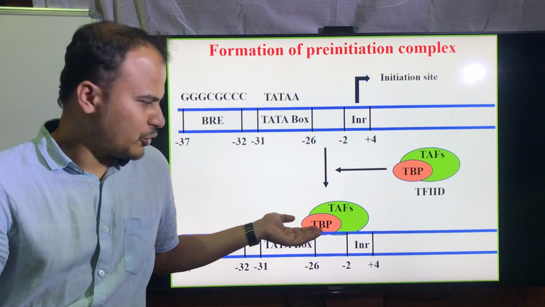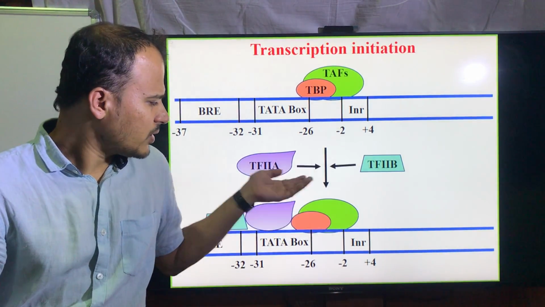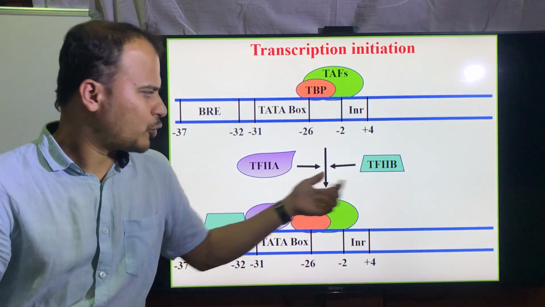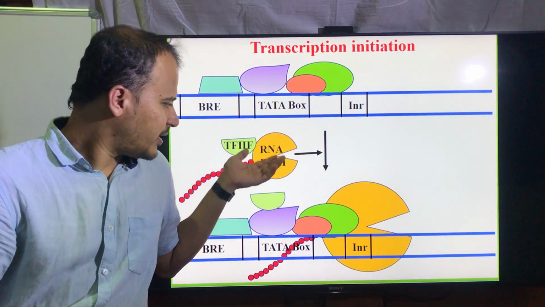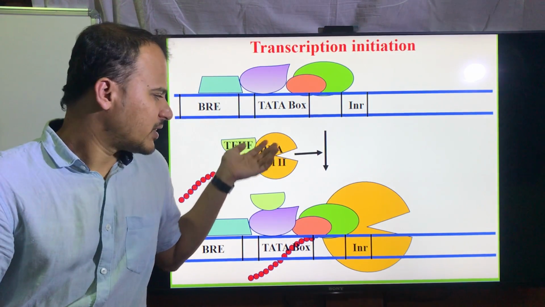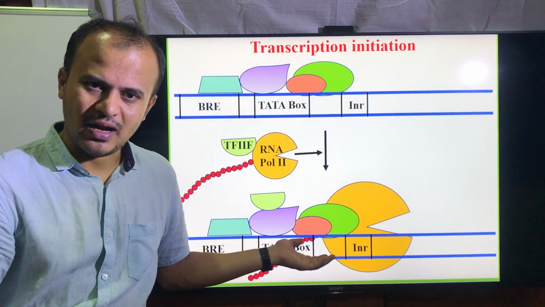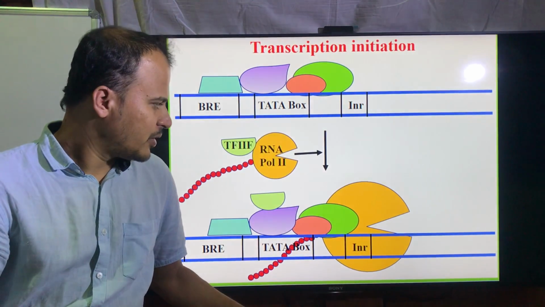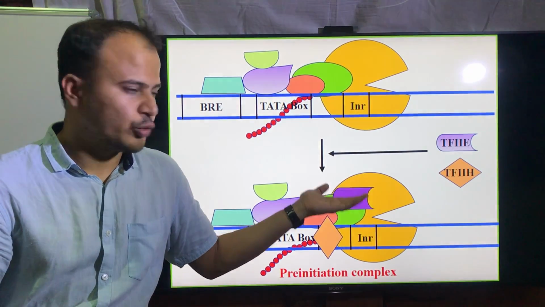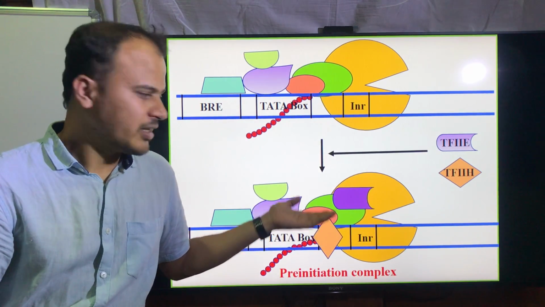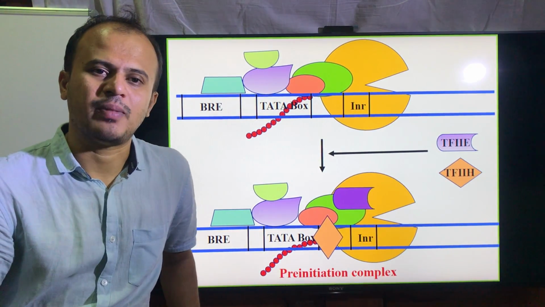So TFIID binds to the TATA box, followed by the interaction of TFIIA and TFIIB with the promoter. Then TFIIF along with RNA polymerase II is recruited to the promoter of the gene that has to be transcribed. Finally, TFIIE and TFIIH are recruited to this complex to form the pre-initiation complex.